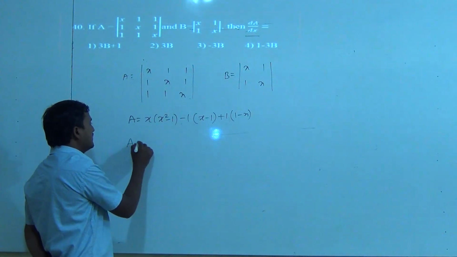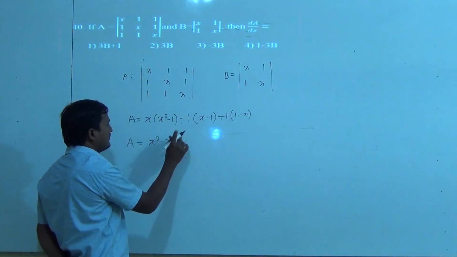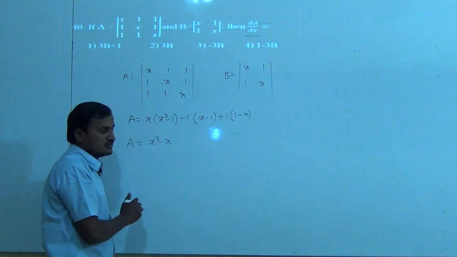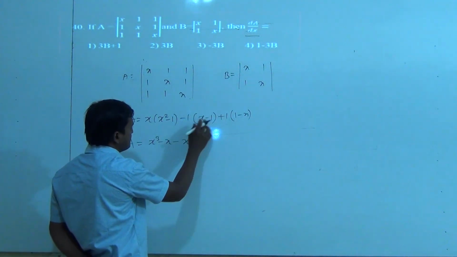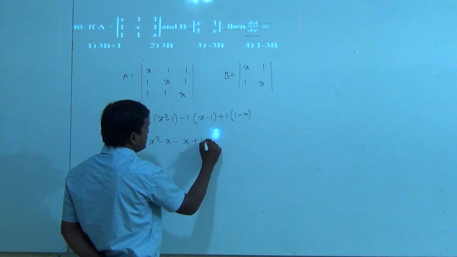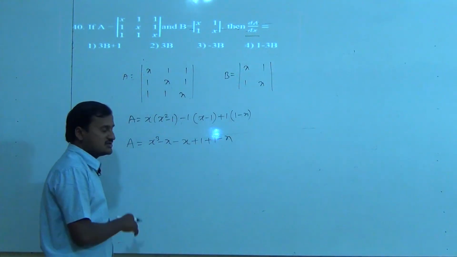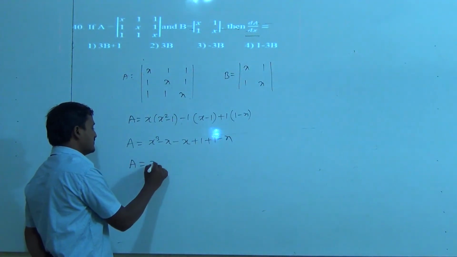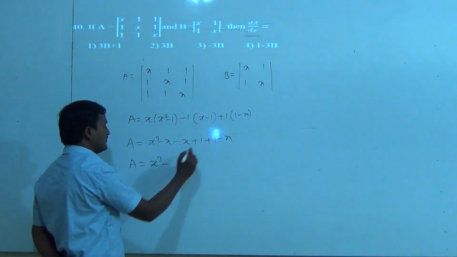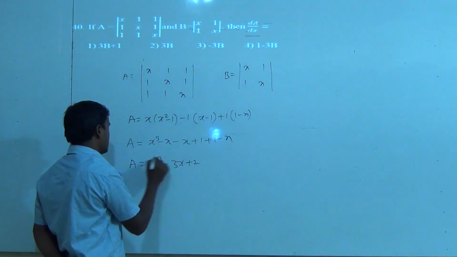Simplify this one. A is equal to x cube minus x, multiply this minus 1 to this one, so here it is minus x, minus into minus plus, so here it is 1 minus x. Simplify this one. A is equal to x cube minus 3x plus 2.